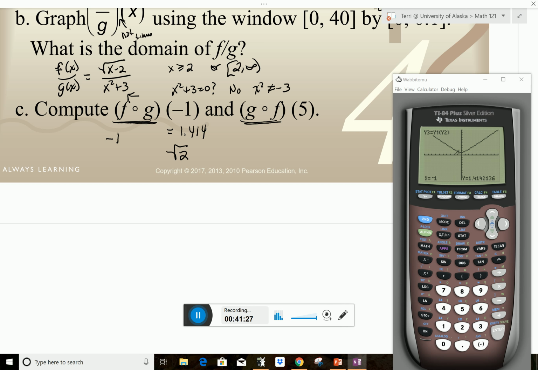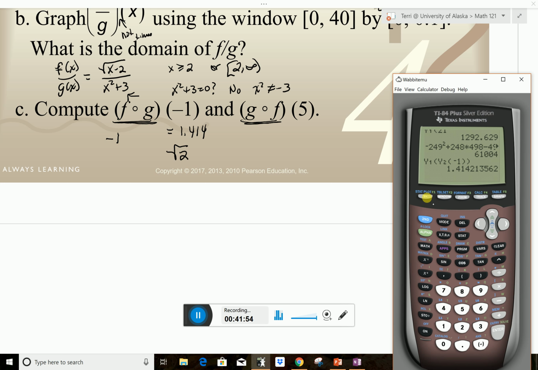And you can actually do this directly on your calculator. You can bring up vars, y1 of, do this again, vars, y function 2 of -1, and get your answer that way.